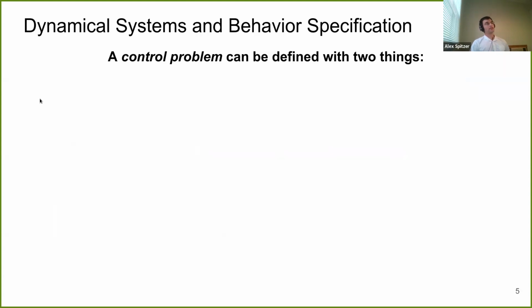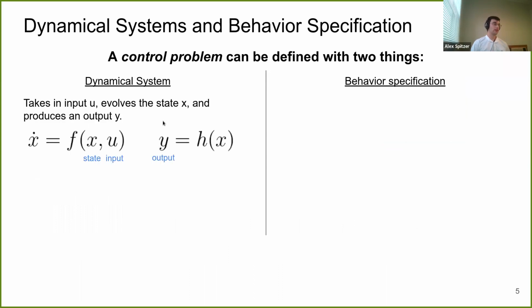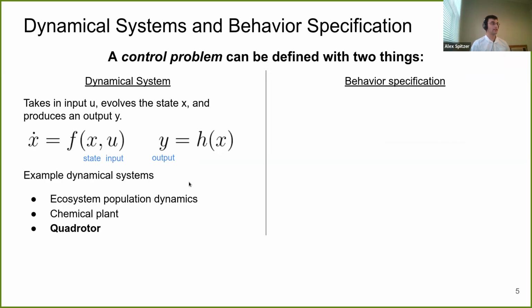So stepping back a little bit, we can define in general a control problem with two things: a dynamical system and a behavior specification. A dynamical system takes in some input u, it follows the state x, and produces an output y. This is a very general formulation that many of you have probably seen. Many things can be modeled as dynamical systems, like ecosystems in biology, chemical plants.